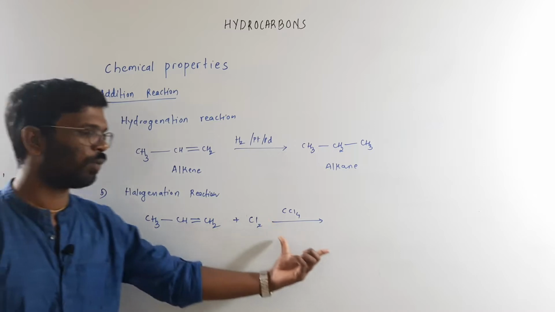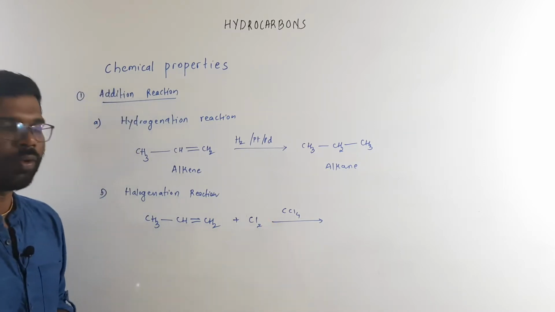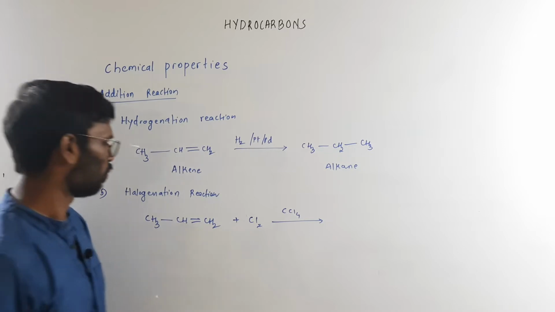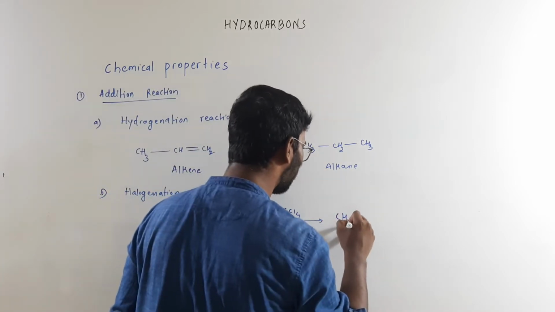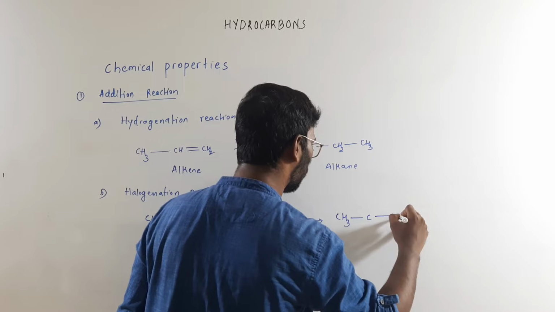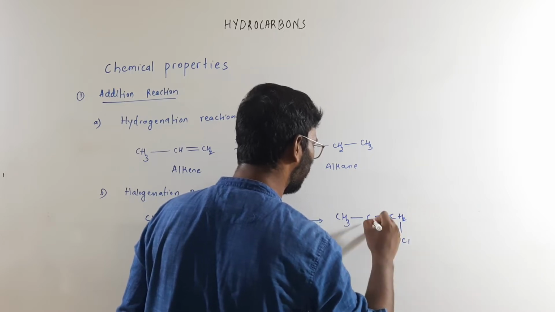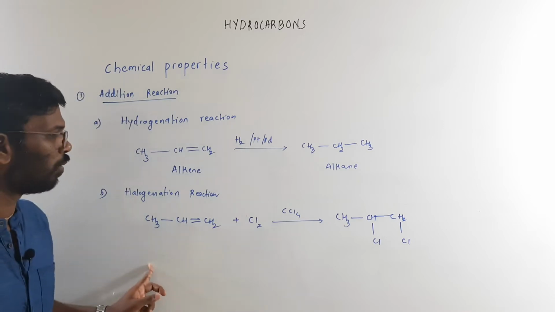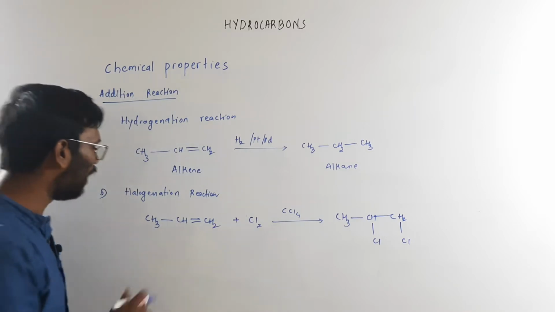What we are going to get is a compound of this sort, with a chlorine and a chlorine. The addition of the halogens on the alkene is taking place.